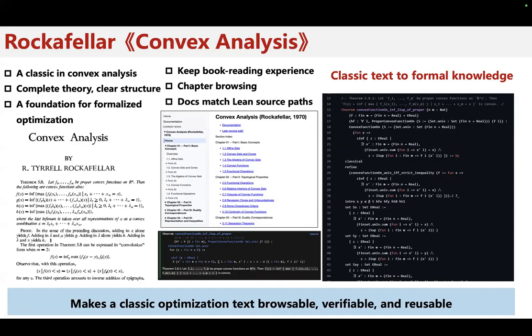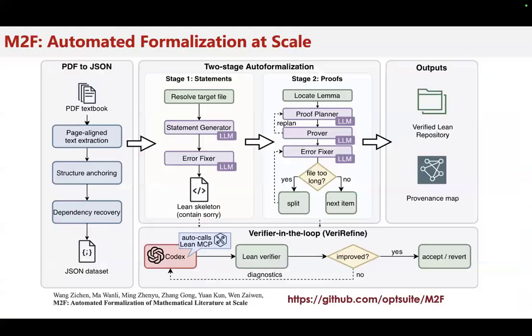We can do the verification. We no longer depend on humans to verify the theoretical results. The computer language can do it. This is quite significant. And how do we achieve this goal? We developed a pipeline. We first translate the PDF file to a LaTeX file.